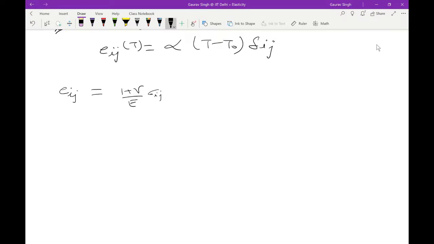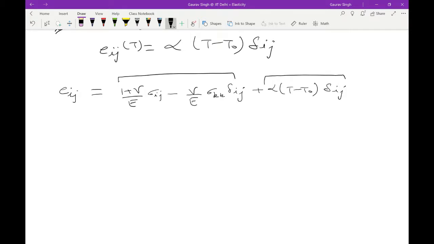So we'll first write that. Okay, so this is the mechanical strain, this is the thermal strain, and isotropy is there both in mechanical and in thermal.